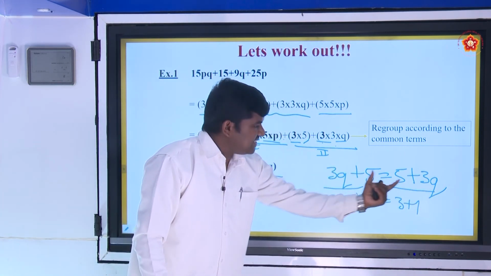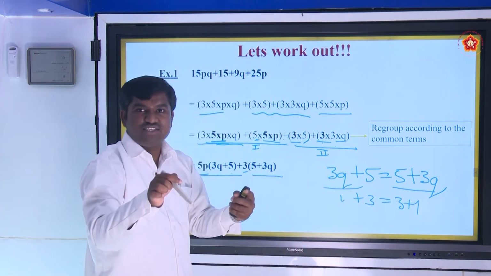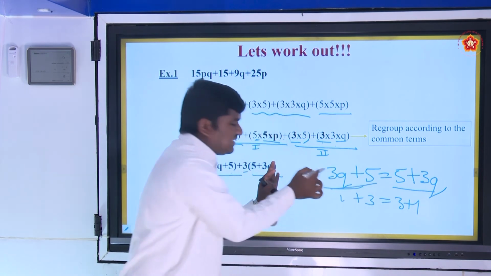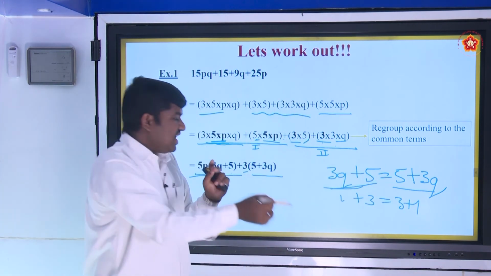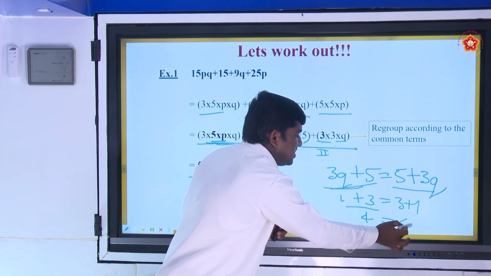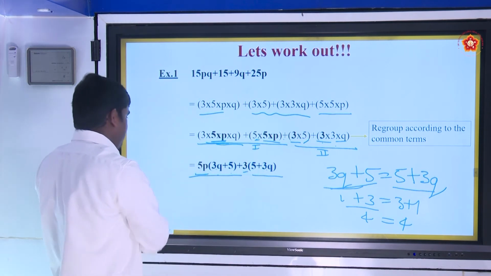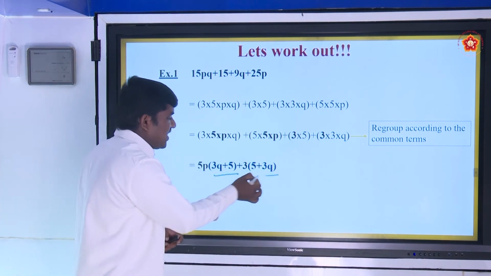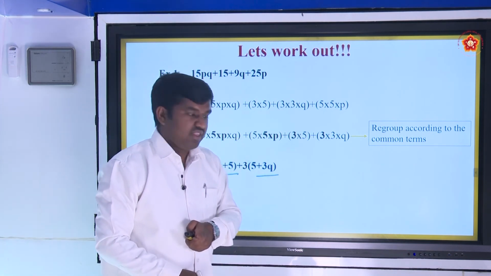The final answer is the same. If you substitute some value for q, then you will get some answer, and the LHS and RHS are equal. So these two are the same. So take out the common factor as 3q plus 5 or 5 plus 3q.